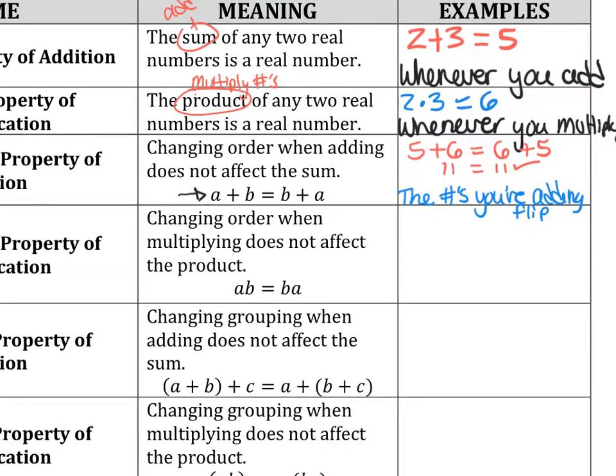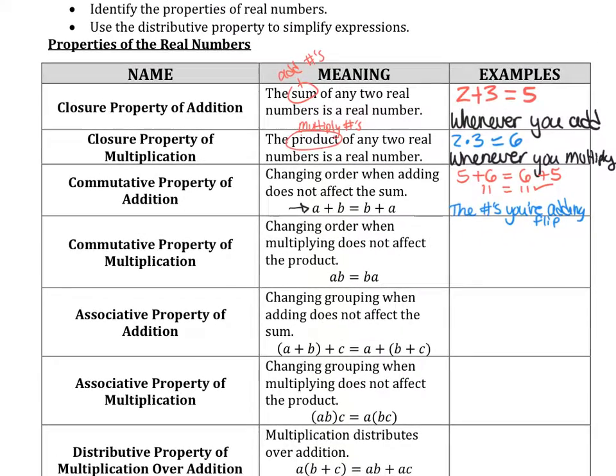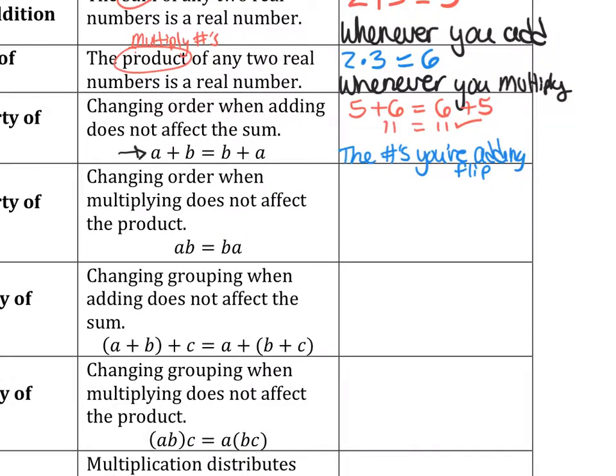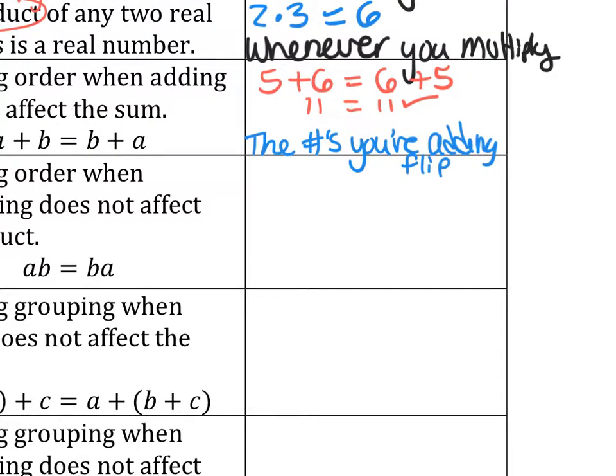And the same goes for the commutative property of multiplication, which is the next one. Changing the order when multiplying does not affect the product or the answer to the multiplication problem. A times b is the same as saying b times a. Order doesn't matter. So for example, 5 times 6 is the same as saying 6 times 5, you get 30 either way.